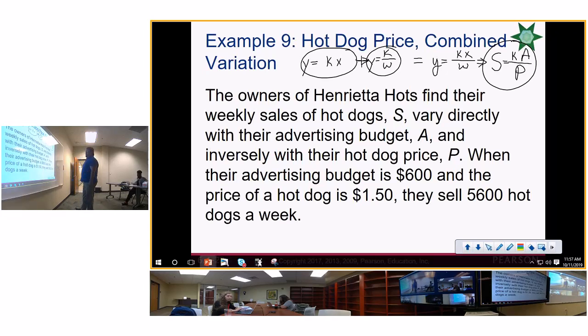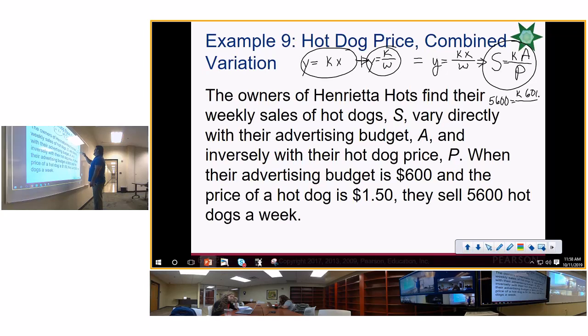So that means we have to find K. So 5,600 is equal to K times A, which is the advertising budget, 600, divided by P, 150.